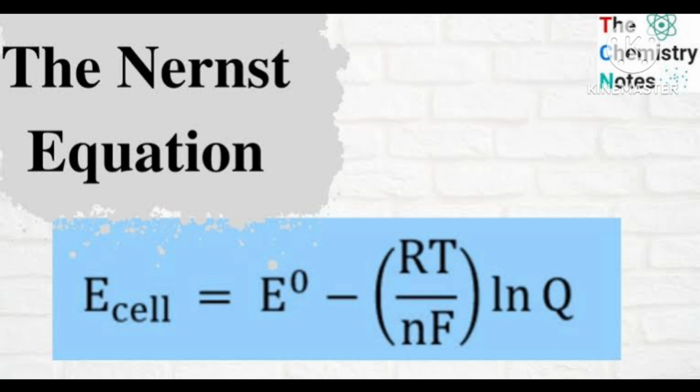E standard for Cu minus E standard for Zn. Both are standard. If you put the experimental values, then that difference will tell the standard potential. That is called standard potential.